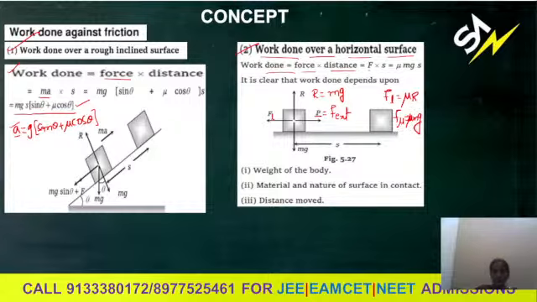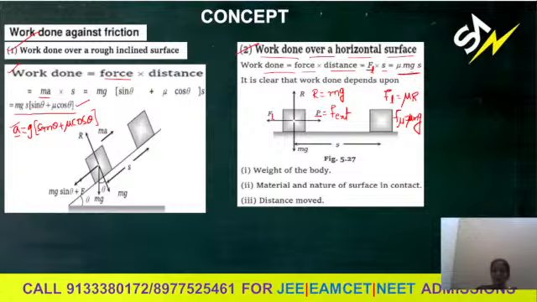So work done will be equal to F into S. Here F is frictional force, that too limiting friction. Now we can write mu into mg into S. This is work done against friction on a horizontal surface.